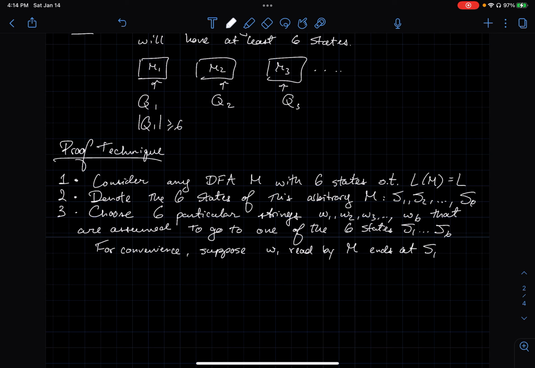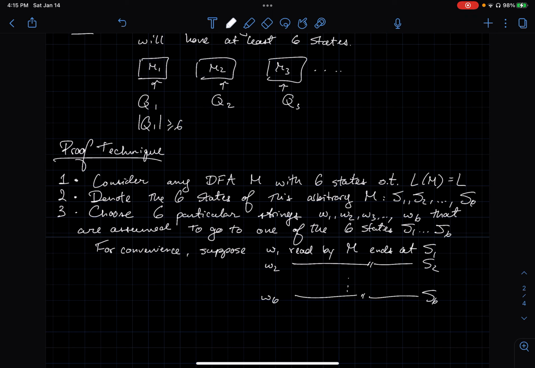So from the start state of my machine to S1, I can go along the walk W1, okay? So essentially what I'm saying is, from my start state in M, I can reach S1 with W1. And then I do the same thing for W2. I assume this for S2, and so on until W6.